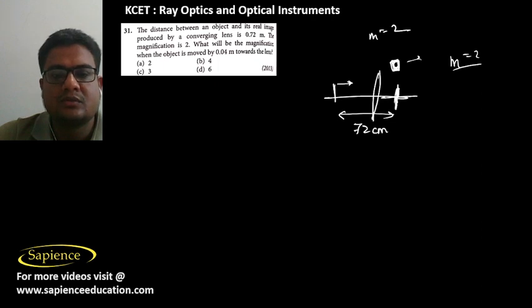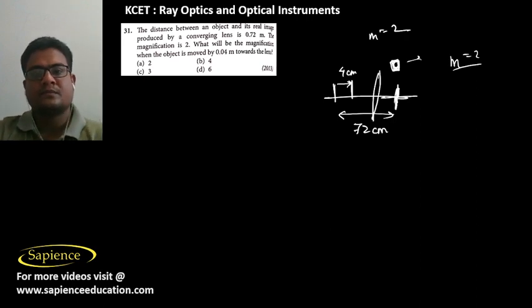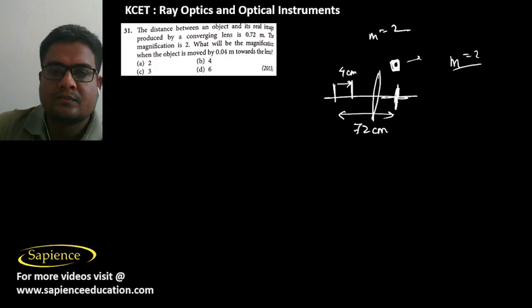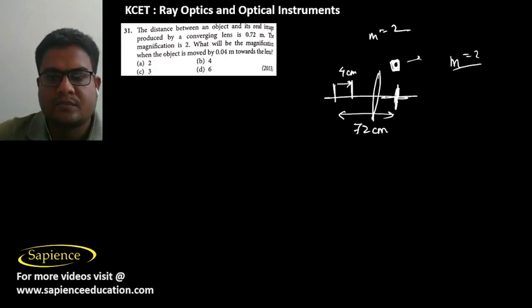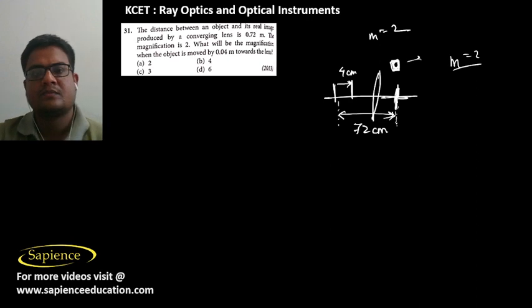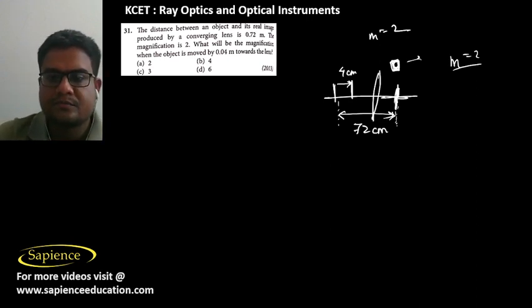Object is moved by 0.04, so by 4 centimeter, it is moved towards the lens. So this is x, so v is 72 minus x.